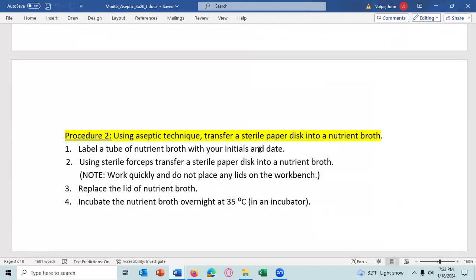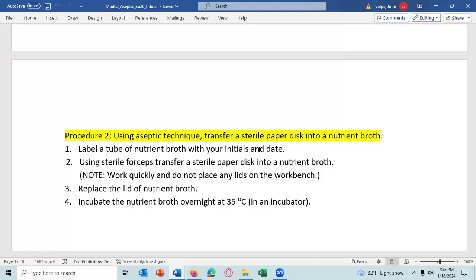And then you get some forceps, which are obviously not sterile, and you clean them. You don't want to sterilize them by sticking the forceps in the Bacti incinerator until the tips turn red hot, because the heat of the metal will just go right up the forceps, and you won't be able to hold them.